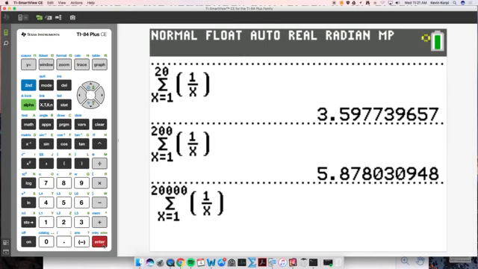Now, here's the deal. But while it's calculating the sum of the first 20,000 terms, what would be your guess? Is it increasing, approaching a limiting value, or increasing indefinitely? It appears to be increasing indefinitely, because from your experience, by the time we go out from 20 to 200, if there were a limiting value, we would already see it increasing at a much decreasing rate.